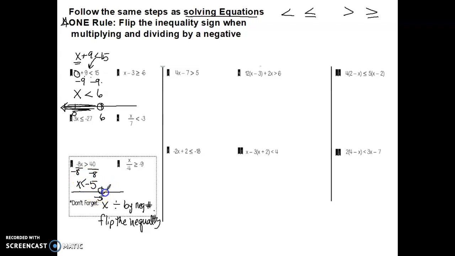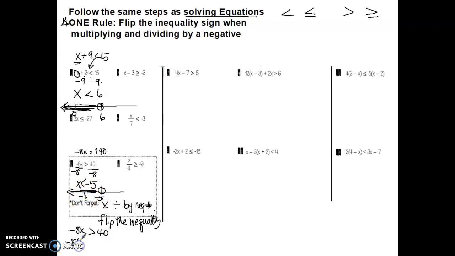So there's an open dot at negative 5 because that made negative 8x equal positive 40, at negative 5. Okay, but anything less than that should make negative 8x greater than 40, should make that statement true. So pick a number that's less than negative 5, like negative 6.